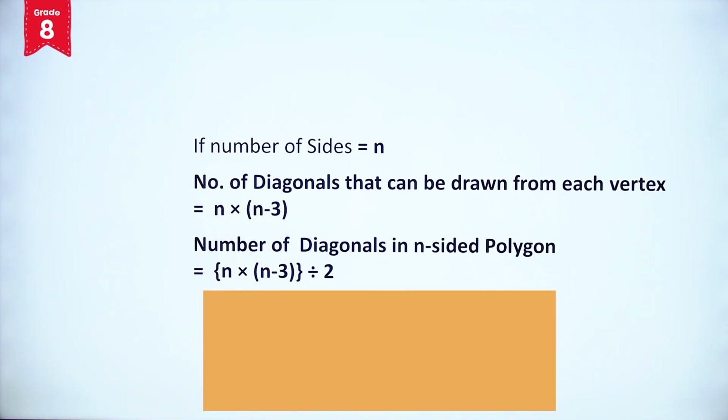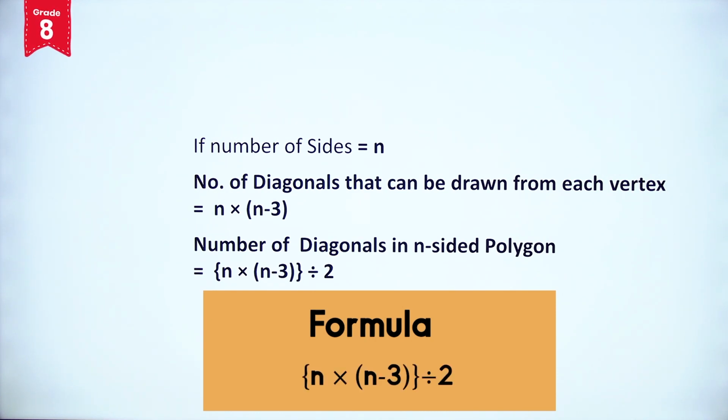Therefore, the formula for calculating the number of diagonals in an n-sided polygon will be n multiplied by (n minus 3) whole divided by 2.